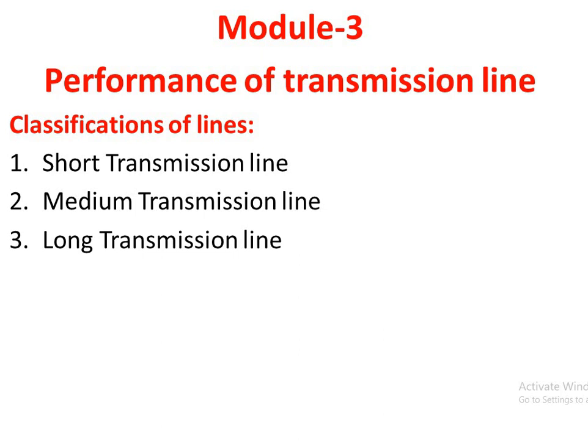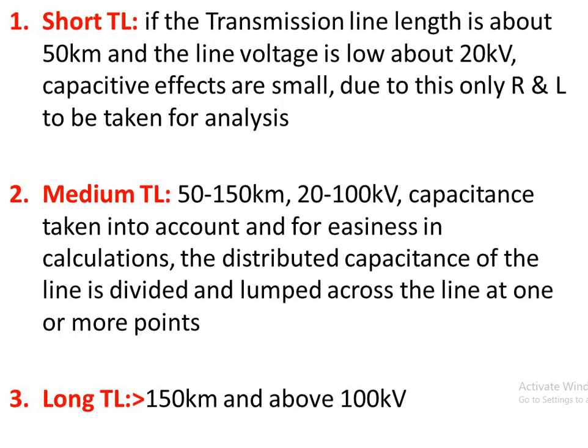Short transmission line, as you know, the length is about 50 km and the voltage range is 0 to 20 kilovolts. Here the distance is very short, so capacitance is neglected, as the capacitor effects are small. Only R and L will be considered, C is neglected. In the case of a medium transmission line, the length is 50 to 150 km and the voltage level is 20 kV to 100 kV.